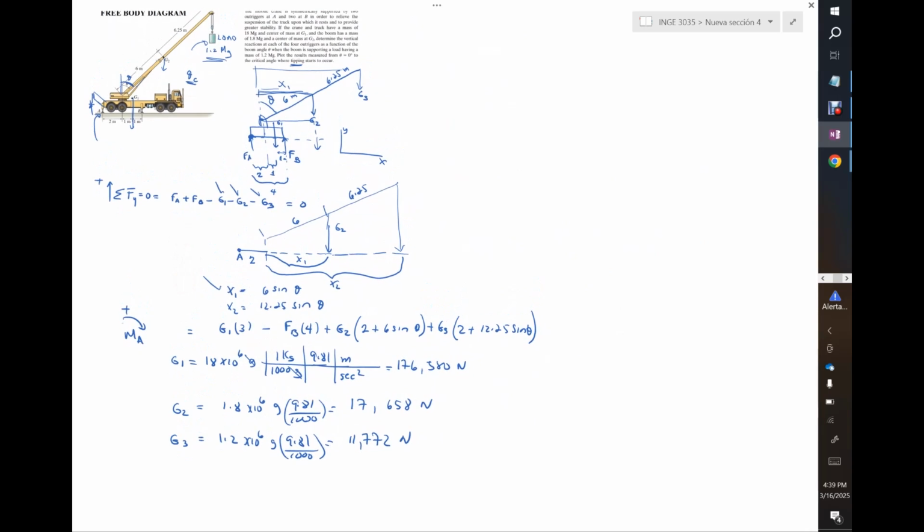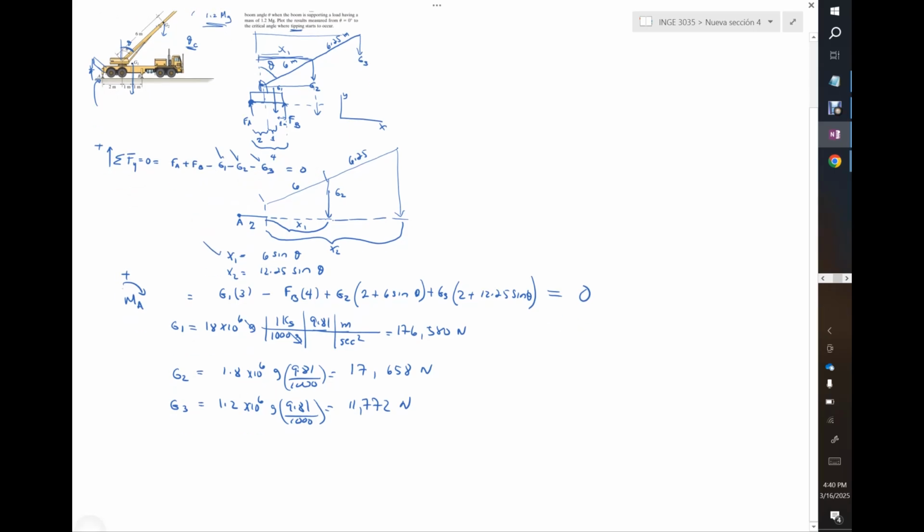And so we have two equations here. One equation says that the moment around A has to be equal to 0 eventually, and the sum of the forces in the y direction needs to be equal to 0. But there's a problem here. How many unknowns do we have between those two equations? Actually, let's wrap this so you understand what I'm saying.